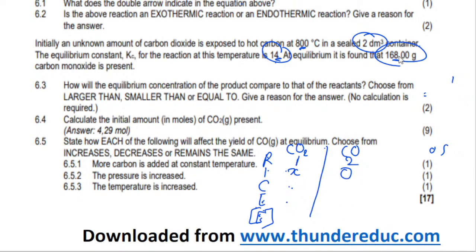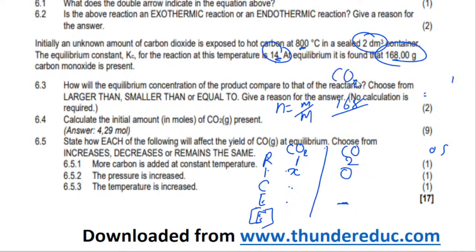But they gave us a clue here. They say that 168 grams of carbon monoxide is present at equilibrium. So these moles are present here, but these are grams, so I have to convert them into moles. Number of moles is equal to mass over molar mass, where mass is 168 divided by the molar mass of carbon monoxide.